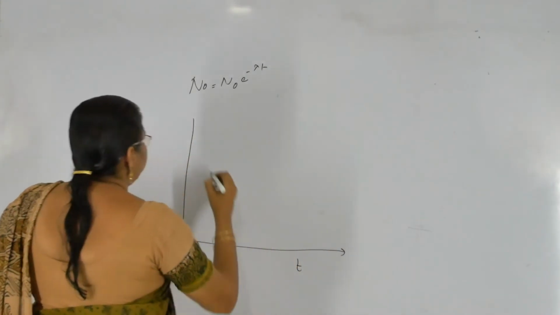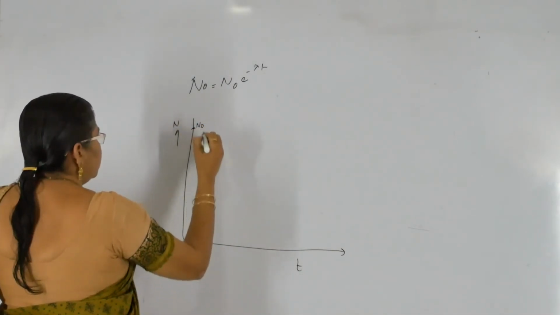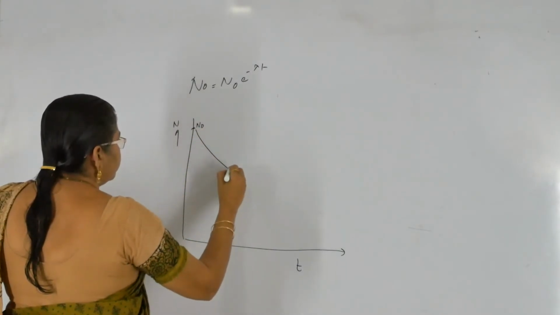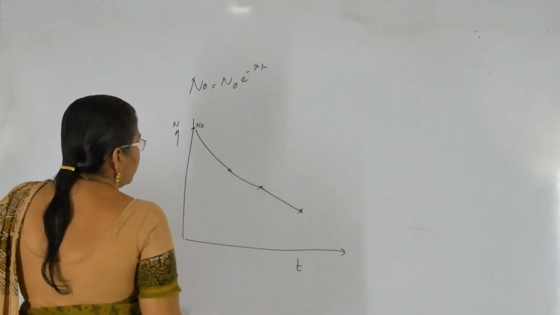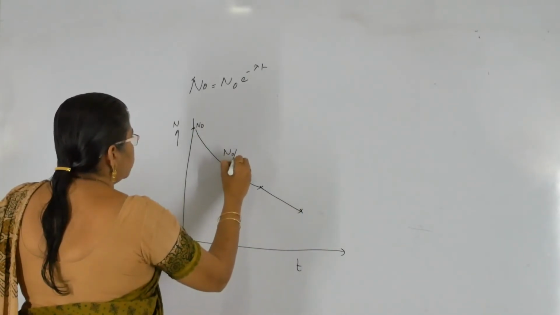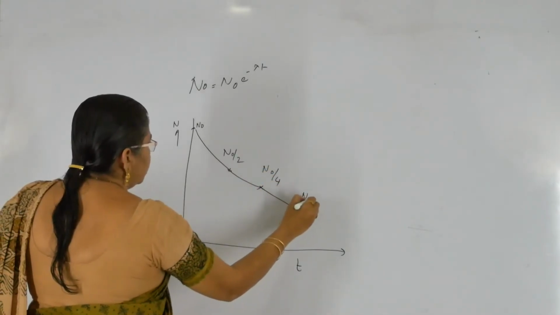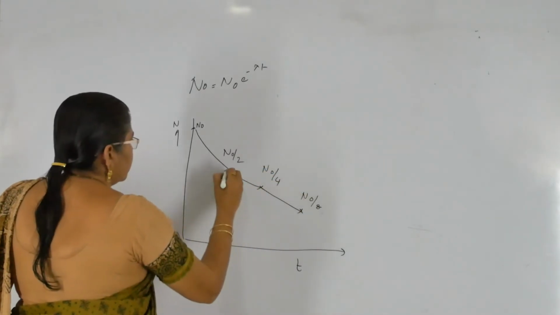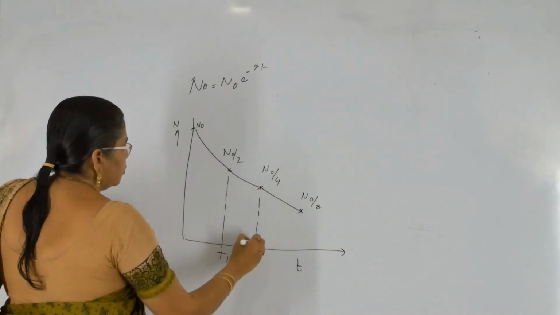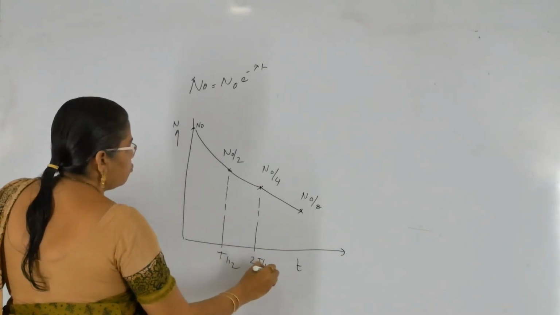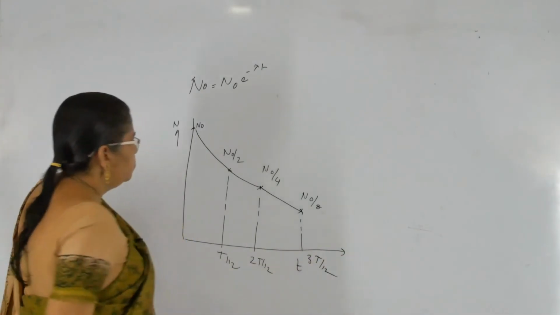Now I represent it by means of a graph. Time period on one axis and number of atoms on the other; this is N0. Then N0 by 2, N0 by 4, N0 by 8. This is T half, this is 2T half, and this is 3T half.